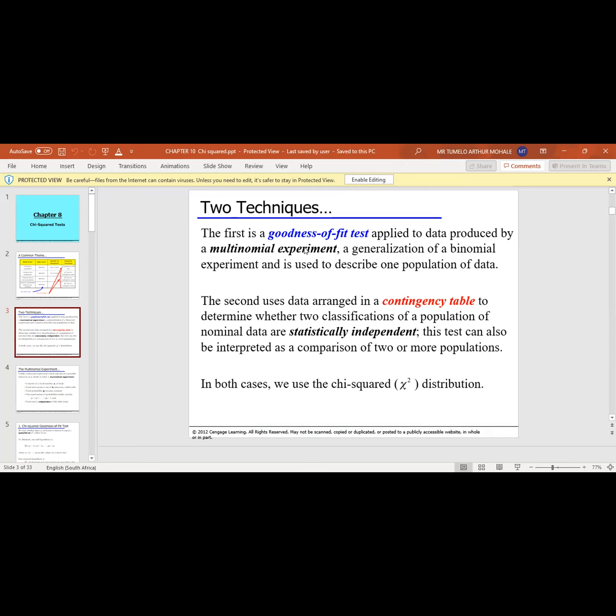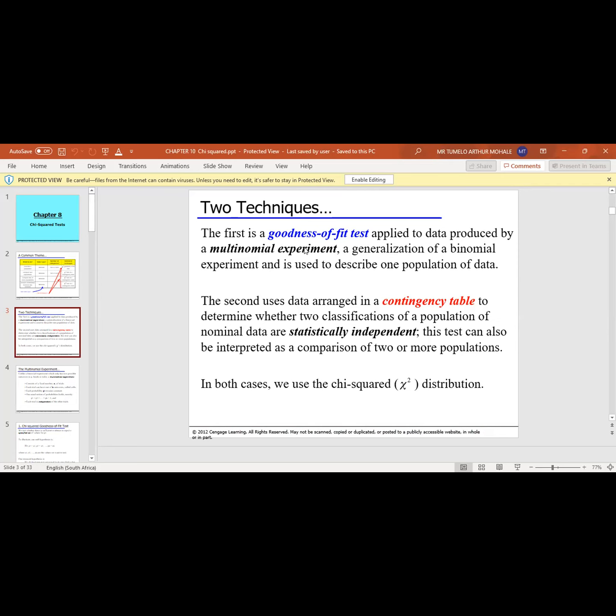The first technique is goodness of fit. But before I get down to deeper details of these ones, I have to reiterate that they won't tell you that here you are using the goodness of fit or here you are using the contingency table. They won't tell you that.